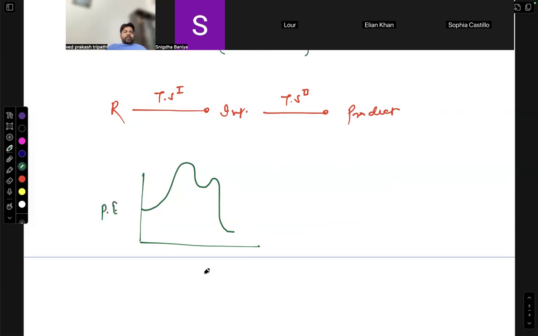So this is my potential energy. This one is the progress of reaction. And this is the first transition state. This one is the second transition state. And the lower one, this one is called the intermediate. This is my reactant. This one is my product. Make sense?